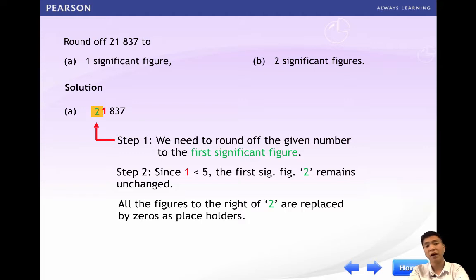As 1 is less than 5, we keep the first significant figure unchanged. That means 2 will remain unchanged, and the digits after 2 will all become 0. So we have 20,000 as the answer, and we say that this answer is corrected to 1 significant figure.